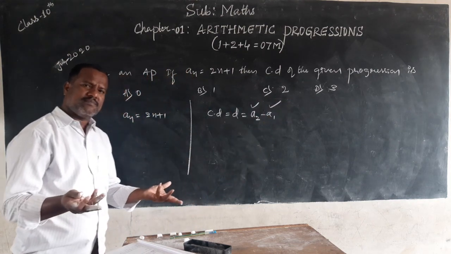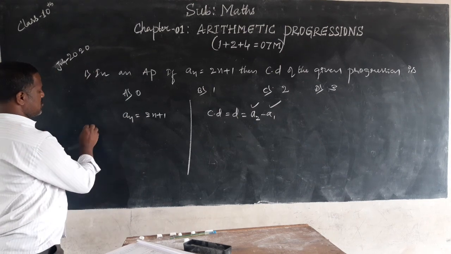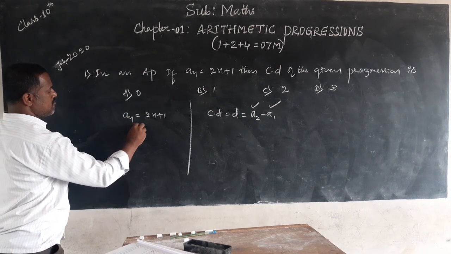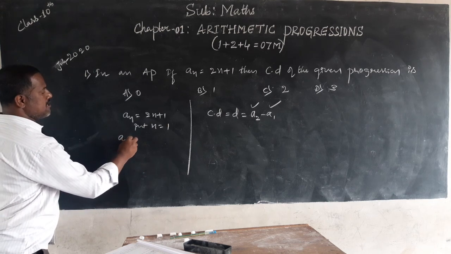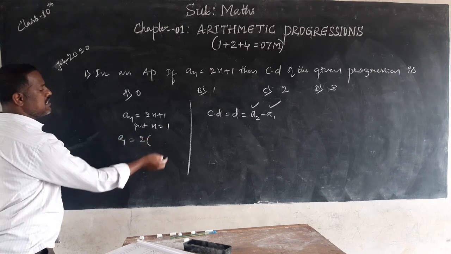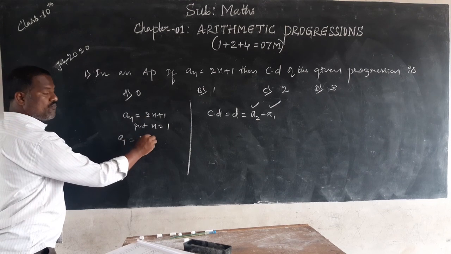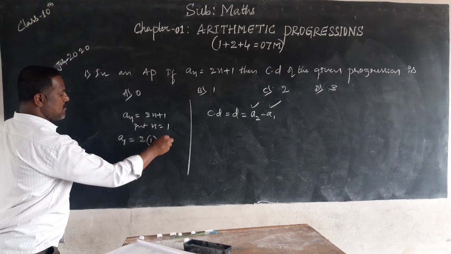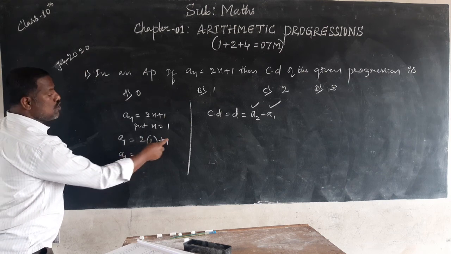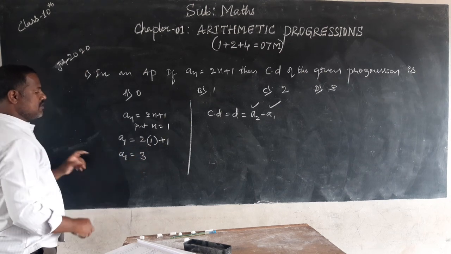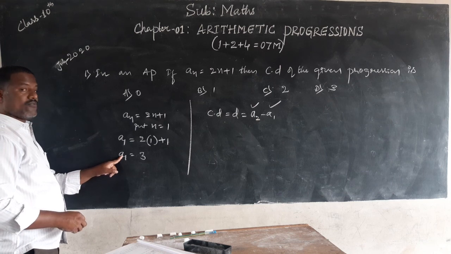So we want the second term and first term. It's very simple. Just put n is equals to 1. What we will get? AN is equals to 2, open the bracket, in place of n, what we have to fill? 1. Close the bracket, plus 1. That is A1 is equals to 2 ones are 2, 2 plus 1, 3. So you got the value of A1.